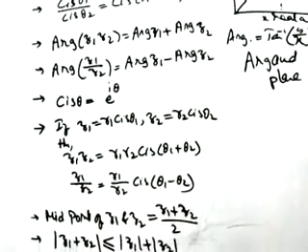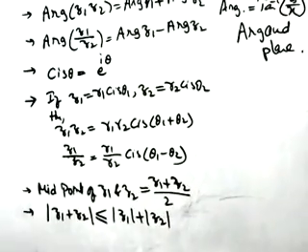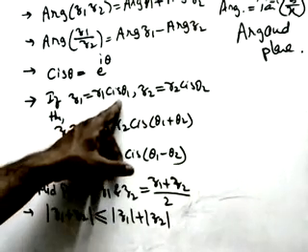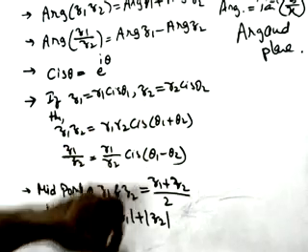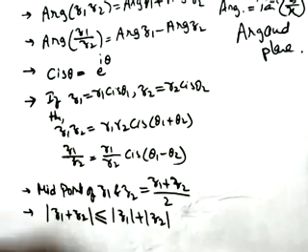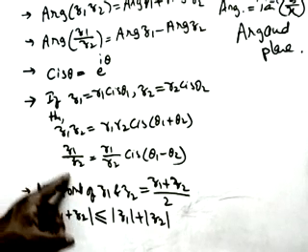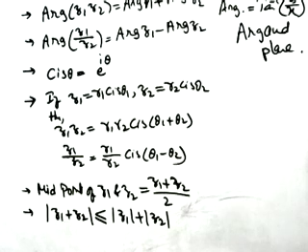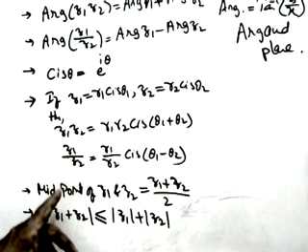A few more formulas here. If z1 equals r1 cis theta 1 and z2 equals r2 cis theta 2, then z1 into z2 can be written as r1 r2 cis of theta 1 plus theta 2, and z1 by z2 equals r1 by r2 cis of theta 1 minus theta 2.